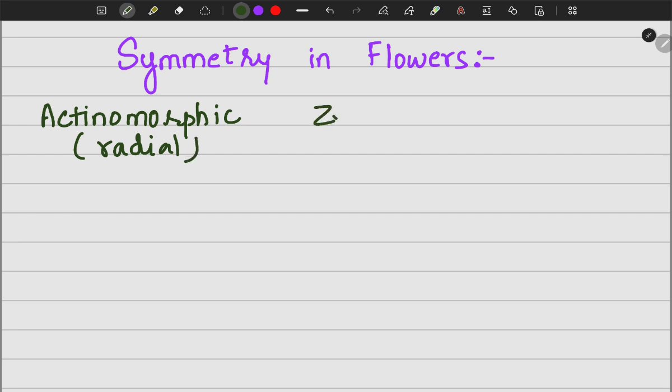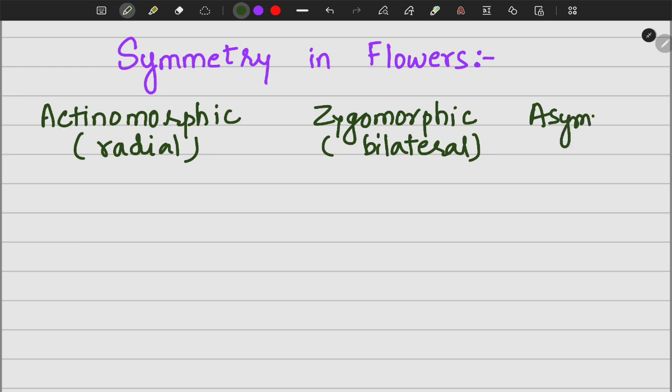Second one is zygomorphic, or bilateral symmetry. Third one is asymmetric or irregular. So let us look at each of these symmetry along with their important examples.